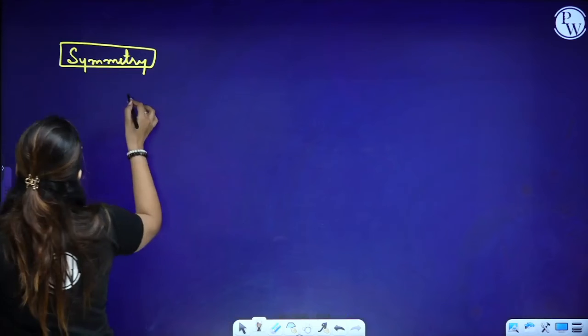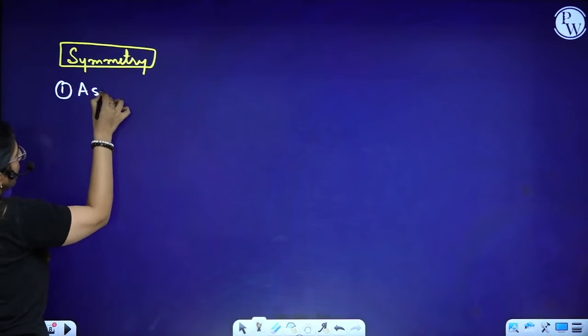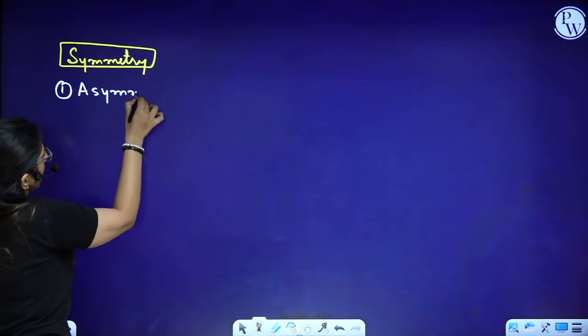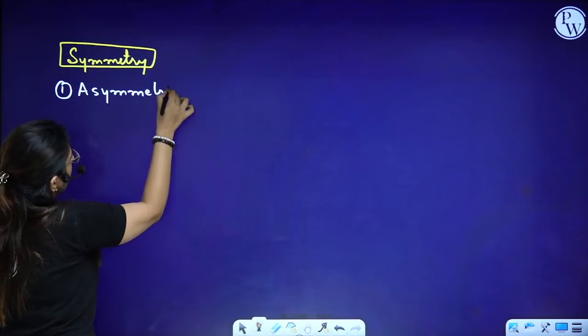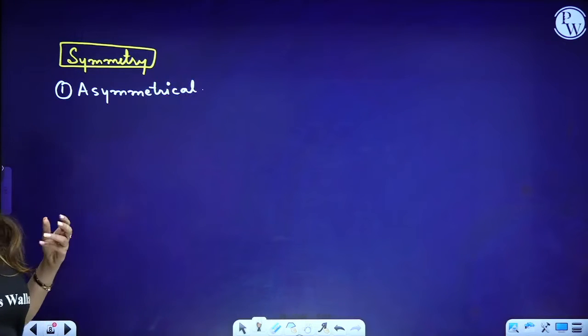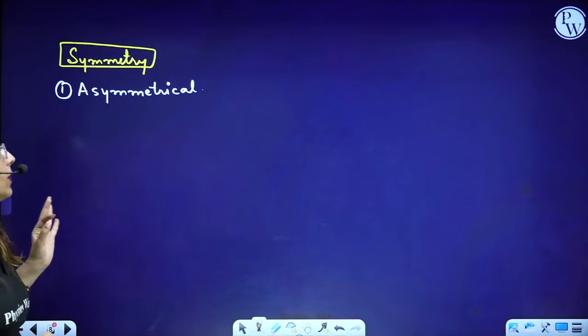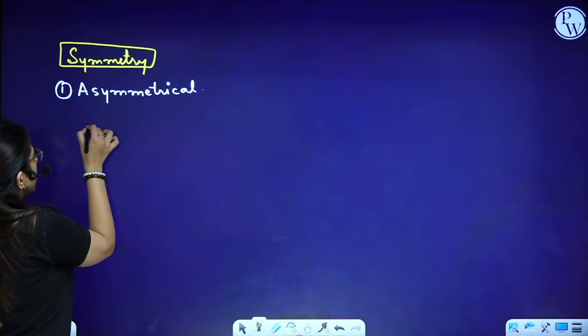Now, first of all, the first one we have is asymmetry or asymmetrical organism. Whenever I say asymmetrical, that means no symmetry is present.